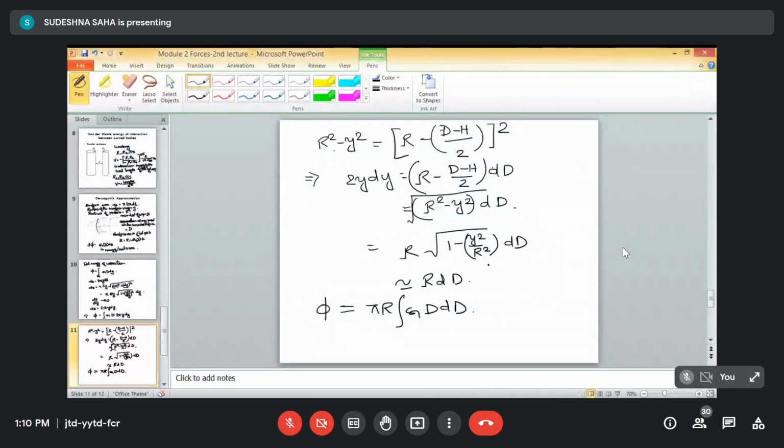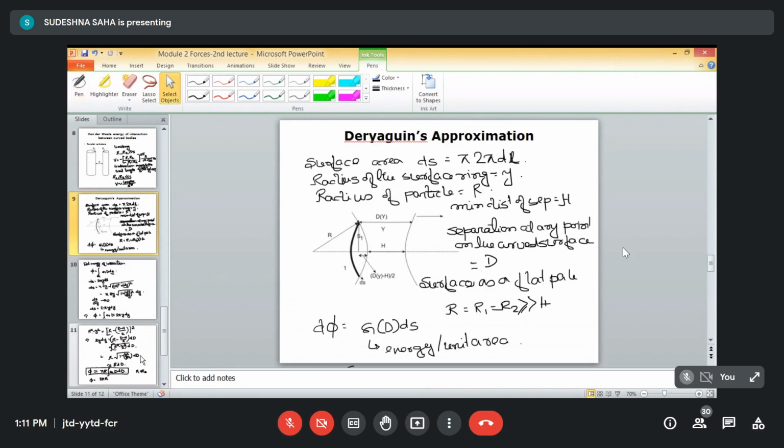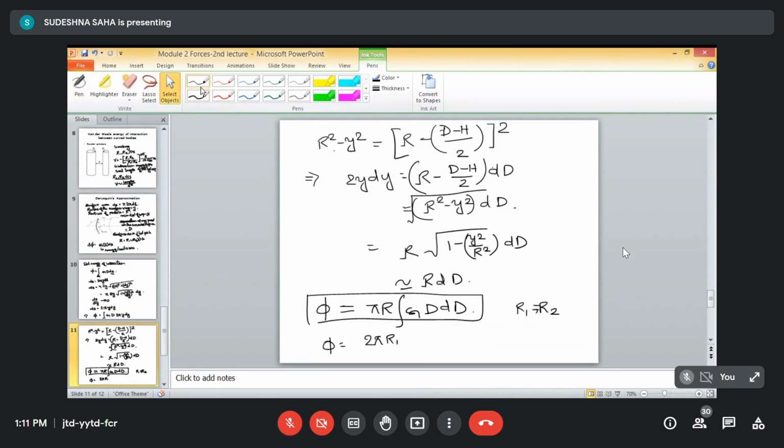If two particles are separated by a distance d, with smallest distance h, and the particle radii are R1 and R2, then we can extend this equation further and write it as pi equals 2 pi r, for R1 equals R2, and some other conditions we have written, that R is much, much greater than h.